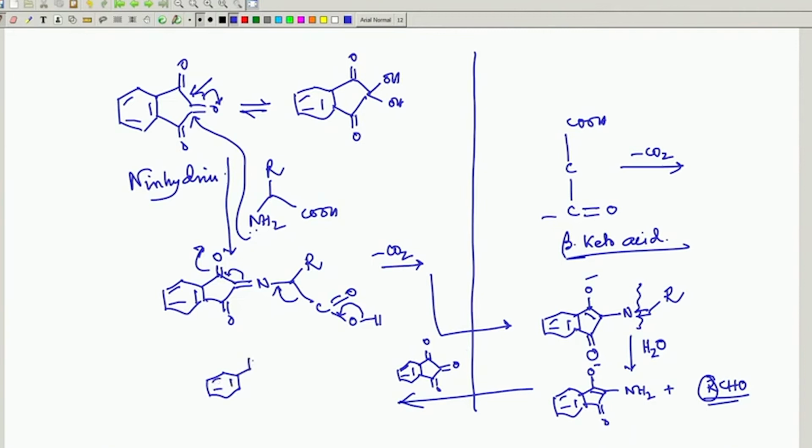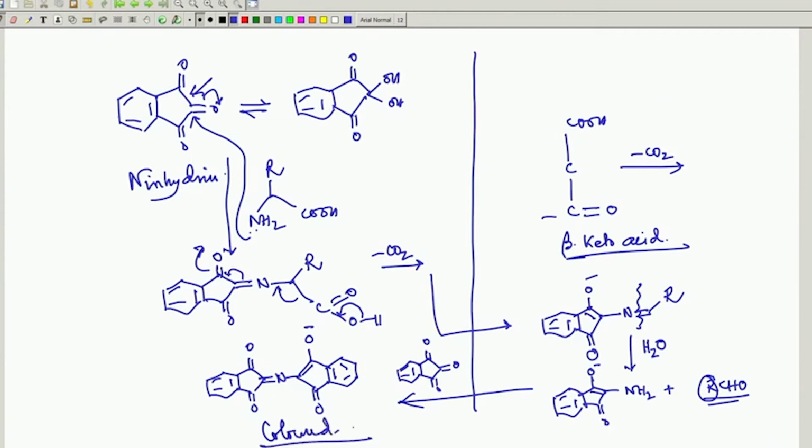So, that will be lost, and this will form a double bond to N, and then you have the other ninhydrin system. Now, you had O minus here, you have this double bond. So, this is the product, that is the colored compound.